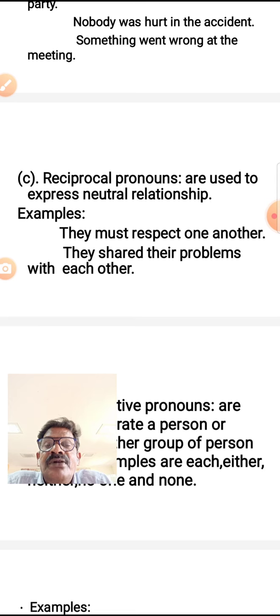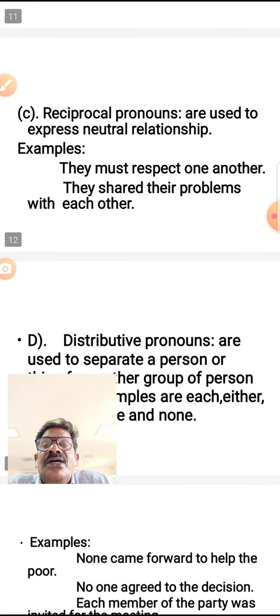For example, they must respect one another. They shared their problems with each other. These are called reciprocal pronouns.